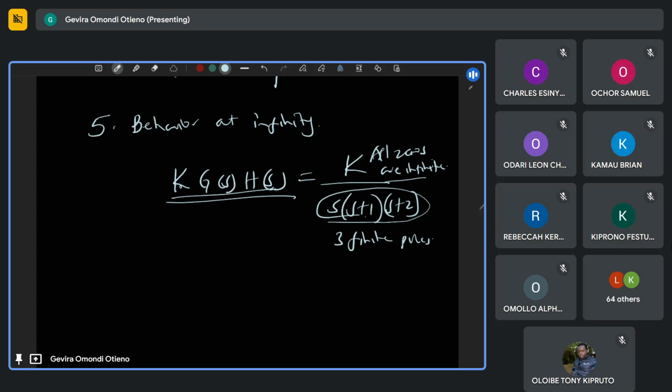It therefore means that those zeros lie at infinity. So the only way for us to know the approximate location of all these zeros at infinity is if we draw a root locus using what we call asymptotes.